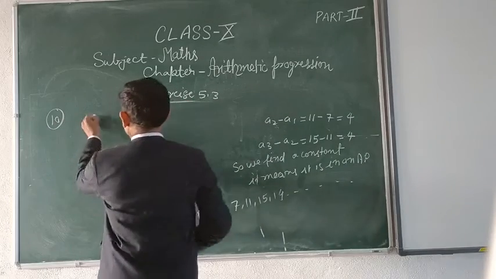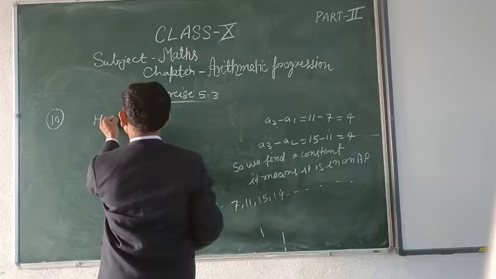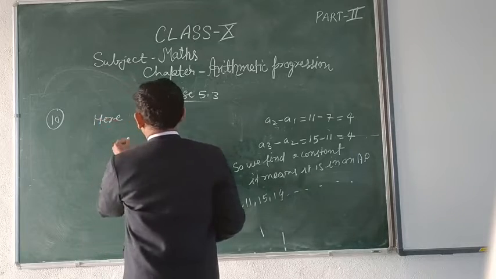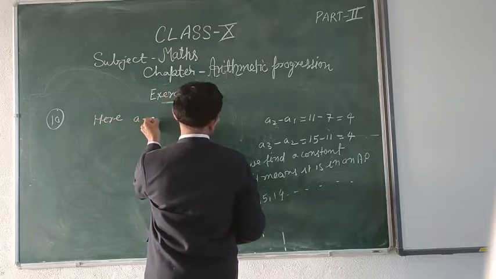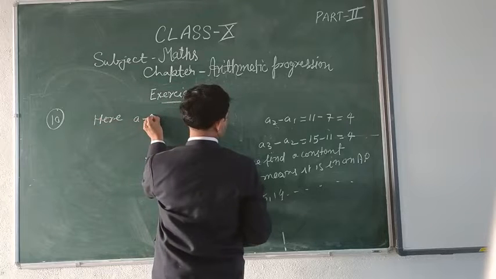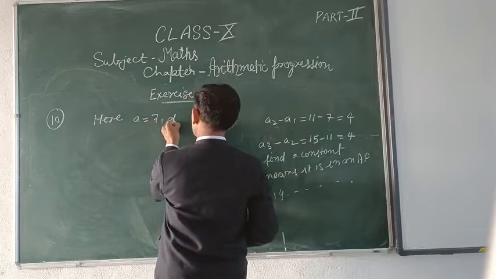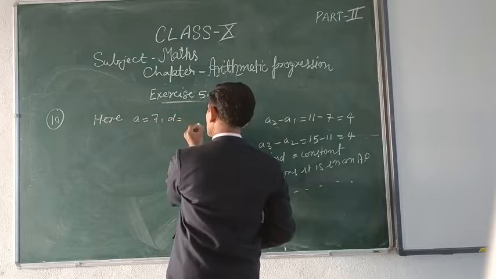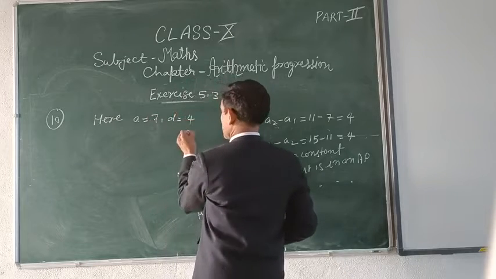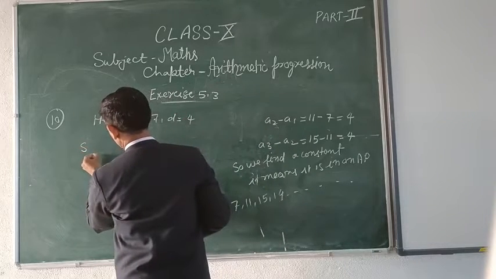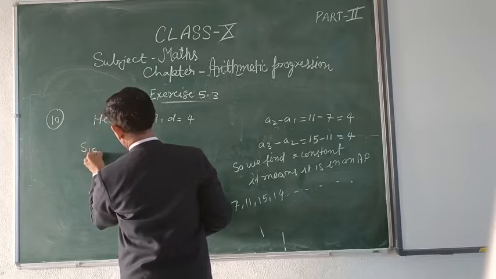Here, a equal to how much? 7, d equal to 4. Okay, so we have to find S15.